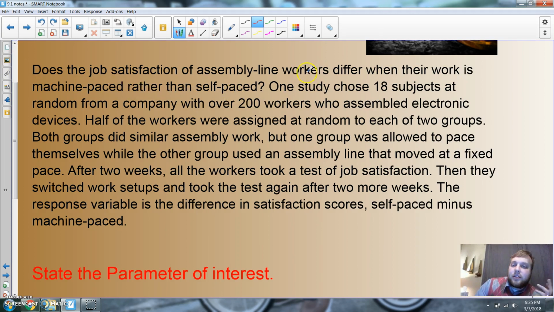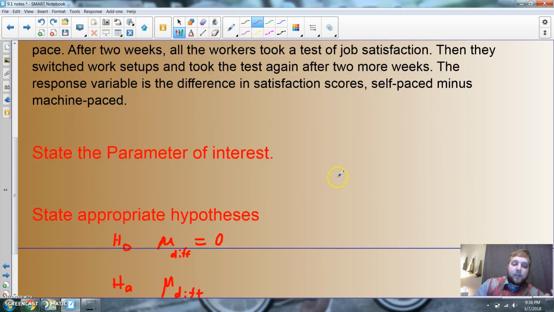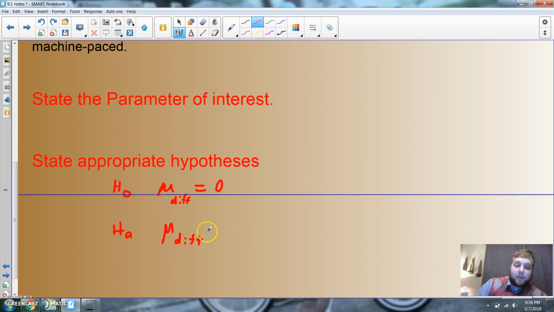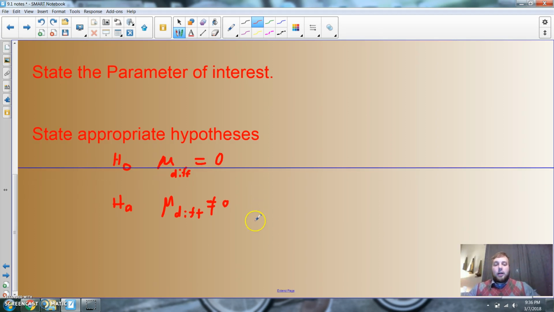All it does is say, does it differ? It doesn't say, is one better than the other? Nothing like that. So I am just wondering if it's different. So I'm going to say, I want to know if it is not 0.